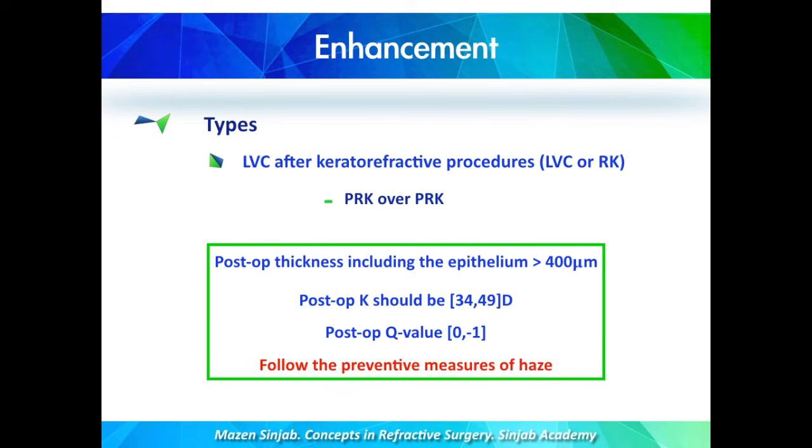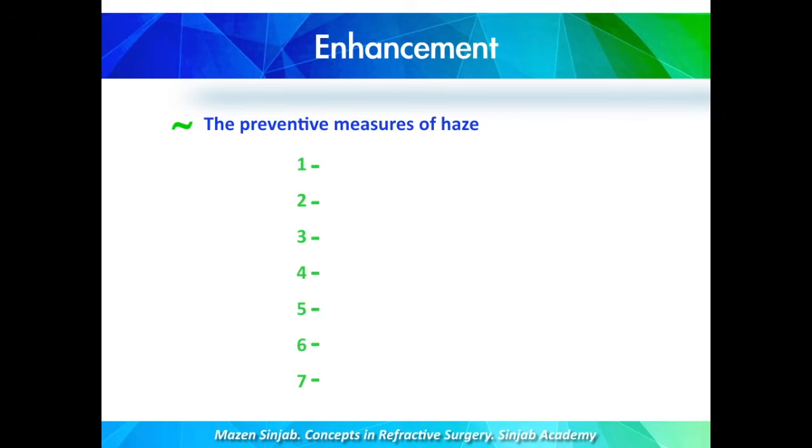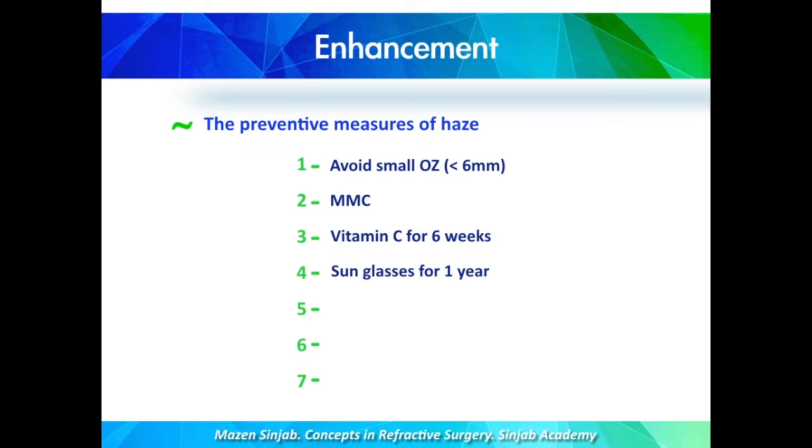Now, what are the preventive measures of haze? There are 7 preventive measures of haze. We have to avoid small optical zone, less than 6 mm. We have to apply mitomycin C. We have to use vitamin C for at least 6 weeks. The patient should use sunglasses for at least 1 year.